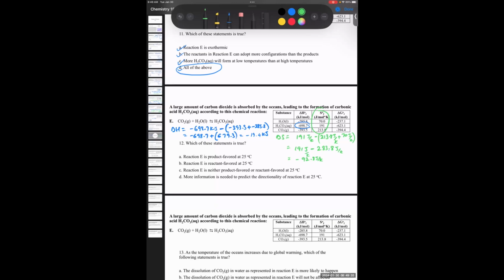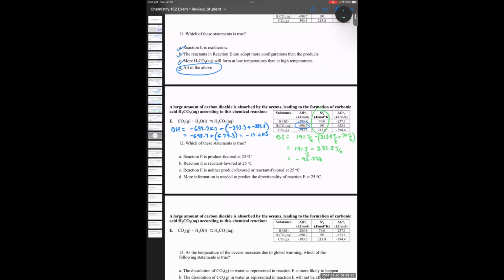Now that we got that much, we know the switching temperature Ts is delta H over delta S. Delta H is minus 19.4 kilojoules divided by minus 0.0928 kilojoules per Kelvin.